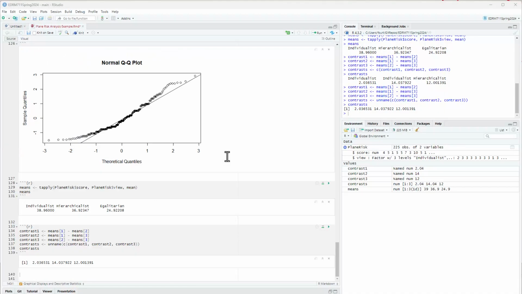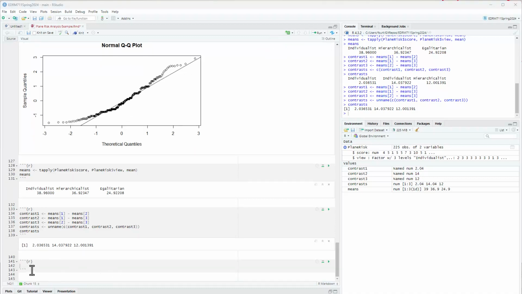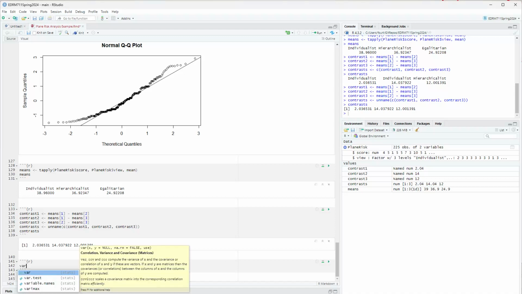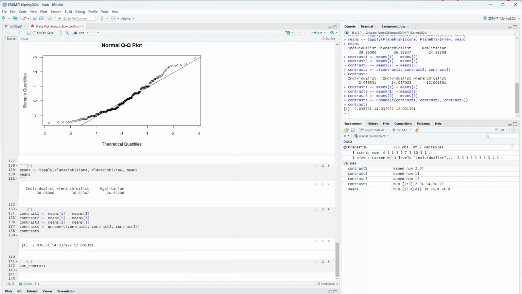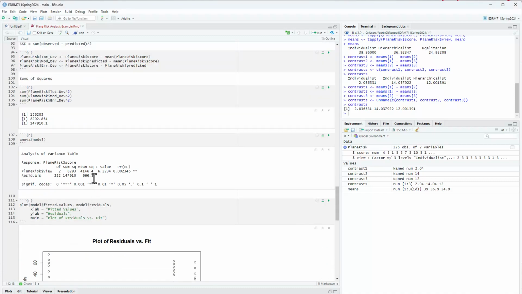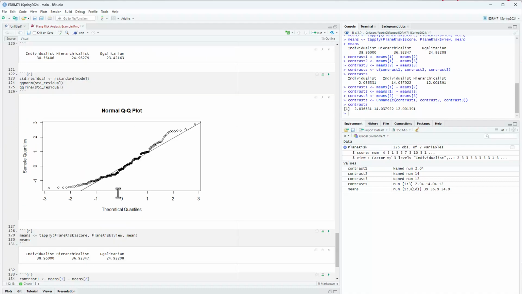So opening up the R notebook, let's go down here and add in another code chunk. So we could say that the variance of contrast 1 is equal to the mean square error, which remember here was 666.3.